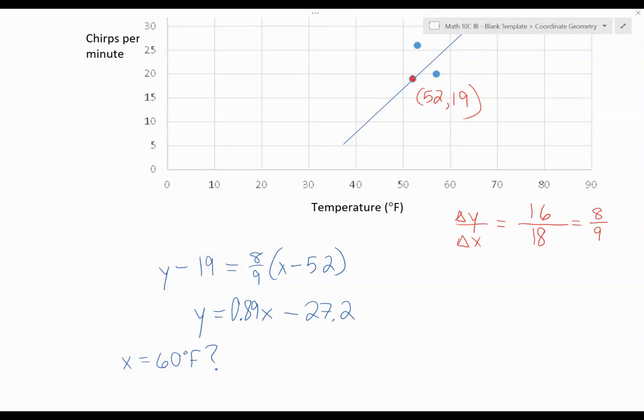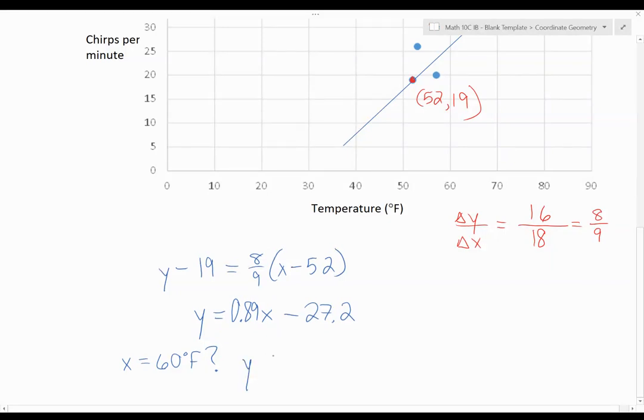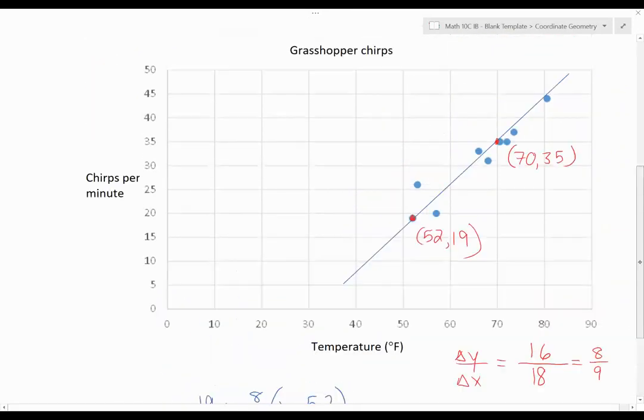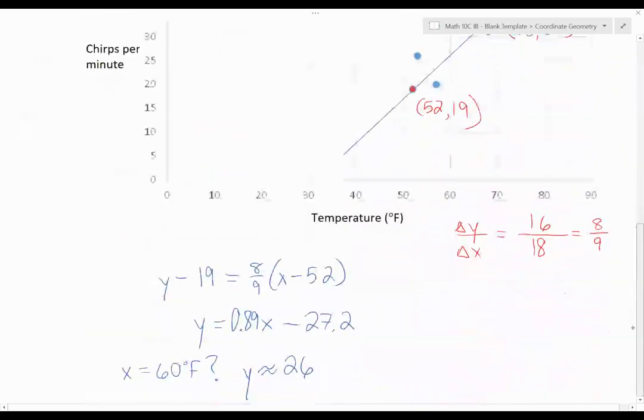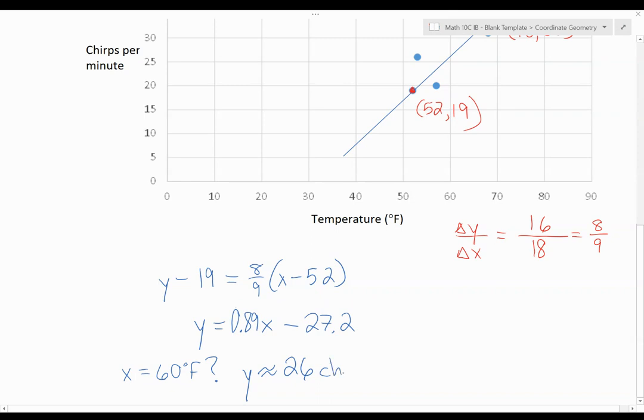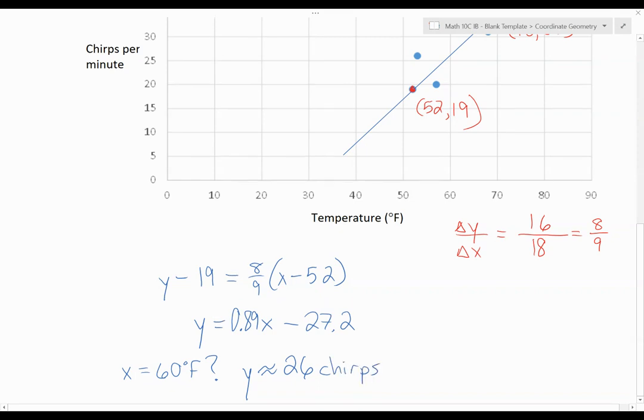So 0.89 times 60 minus 27.2 gives us 26.2. I'm going to just call that y equals 26, partly because it's only an estimate anyway. 26.2 makes it seem unnecessarily precise, but also because chirps per minute probably should be a whole number. So 26 chirps roughly per minute is what I would expect at 60.